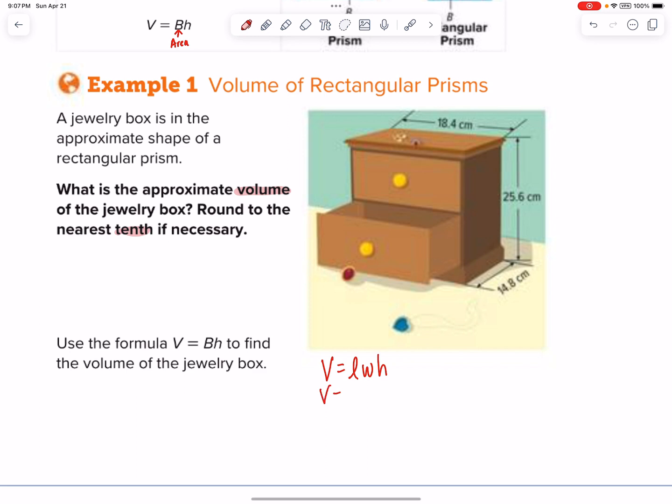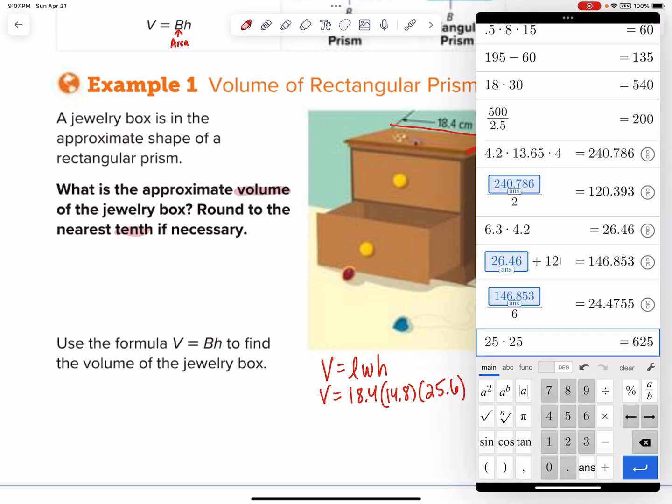So let's go ahead and plug that in. It doesn't really matter as long as you find the length and width of the rectangle, you're going to be good. I mean, you're multiplying all three parts. Just make sure you get all three. And so we have, if we look at this here, the 18.4 multiplied, so we're going to do parentheses, by the width of 14.8 centimeters multiplied by the height of, and so here's our height, 25.6.